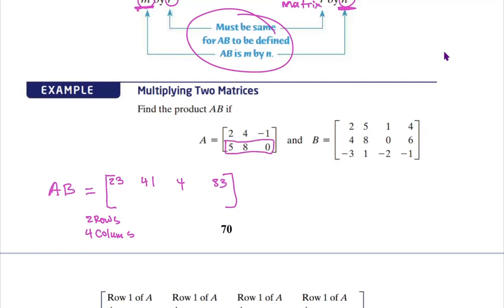So let me start with row 2 and column 1. Row 2 in column 1, that's this. So it will create the number that will go in this location. All right, so then that's 5 times 2, 10, 8 times 4, 32, 0 times -3, 0. So that's 42.